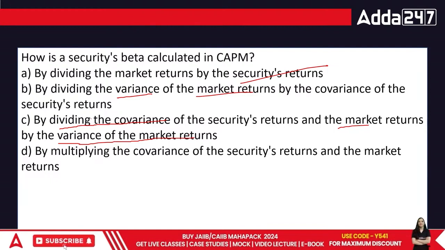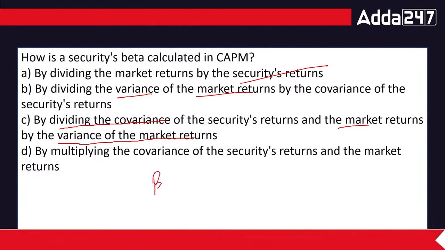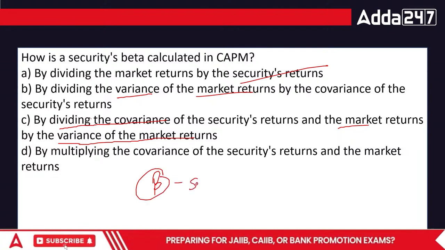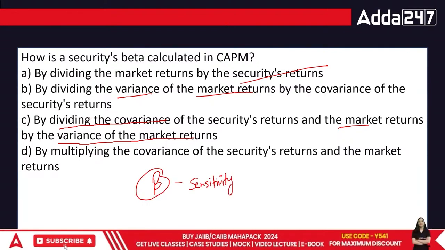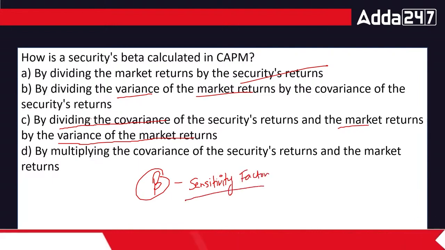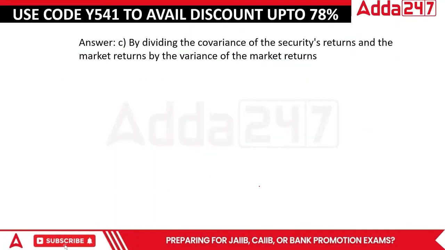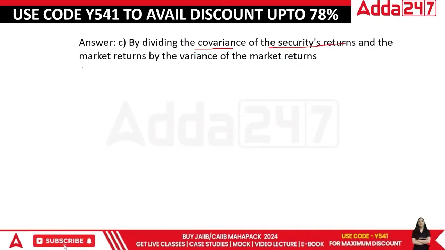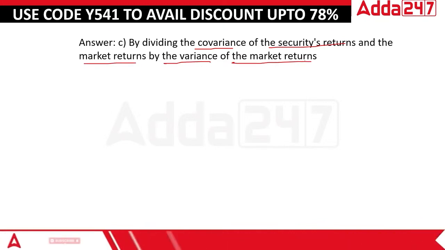What do you mean by beta, everyone? Beta is a sensitivity factor, how sensitive an organization is. That's called security beta. The answer is by dividing the covariance of the security returns and the market returns by the variance of the market returns. That's the answer.